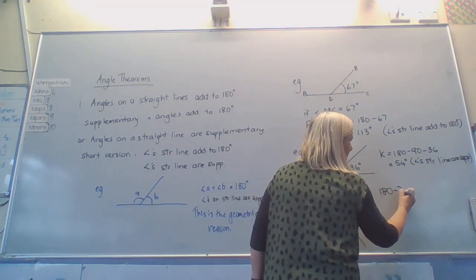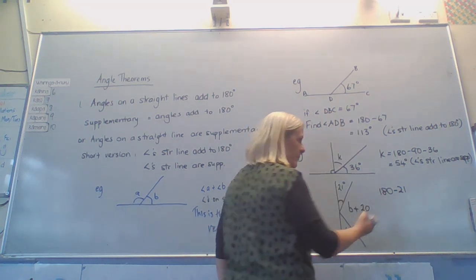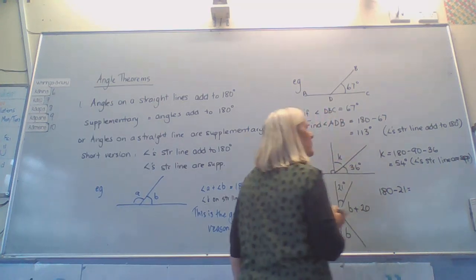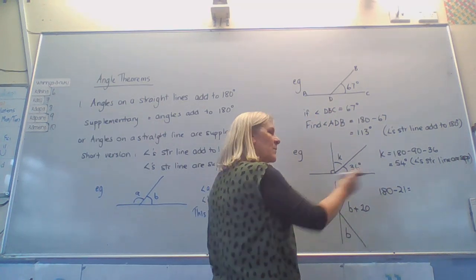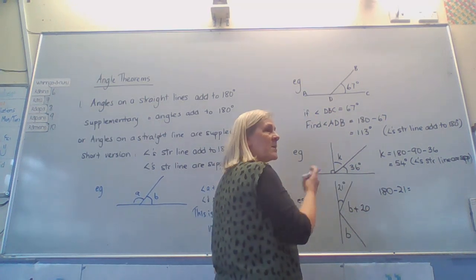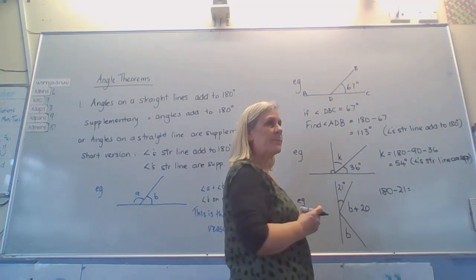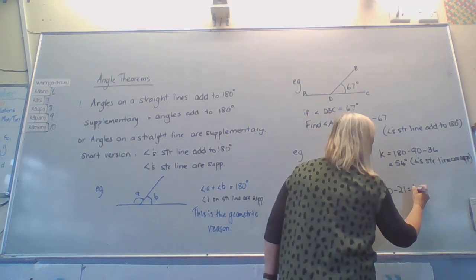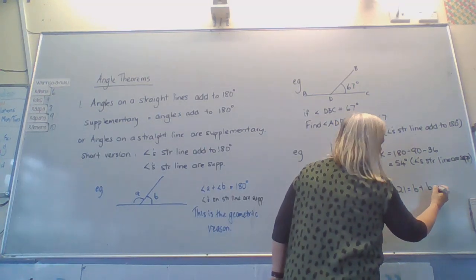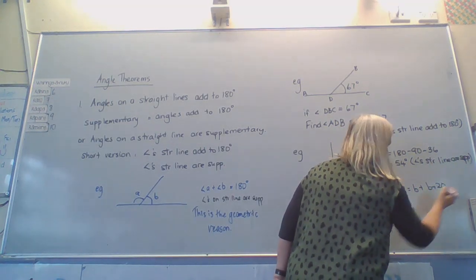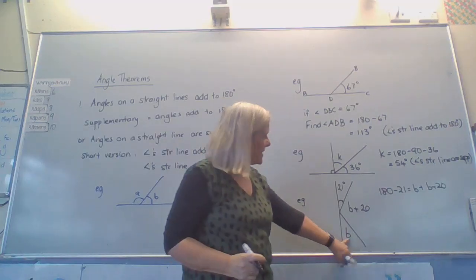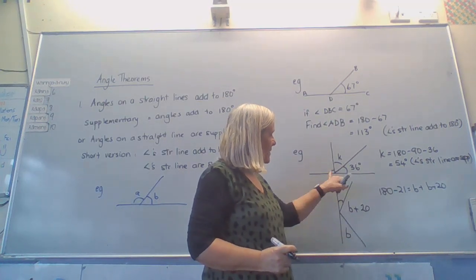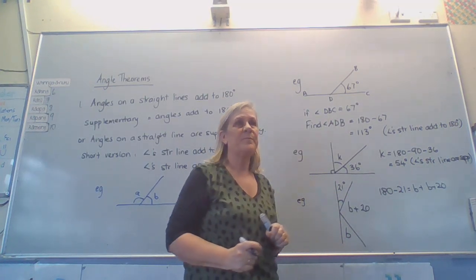Okay, let's put the 21 here. Then you need to divide that by 2. This will find the halfway point. We're going to write something else first. 180 minus 21 equals what? 159. We're doing some algebra here, guys. This plus this equals 180, take away that.